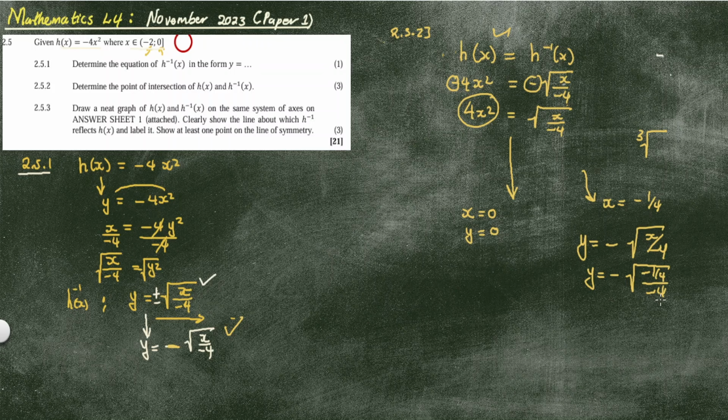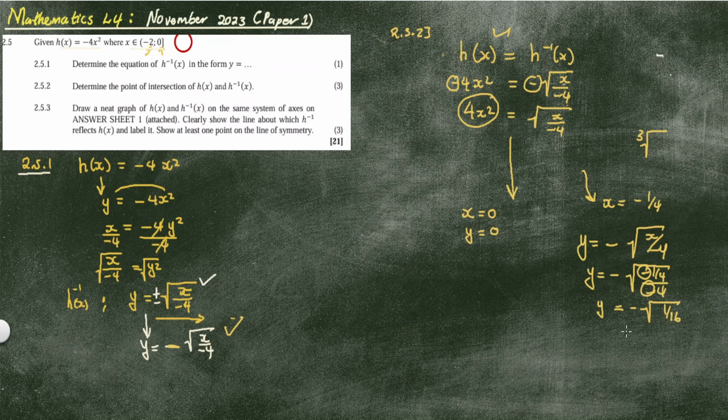So the answer is going to be y equal to minus the square root of 1 over 4 divided by negative 4, so that's 1 over 16. This negative divided by this negative is positive.